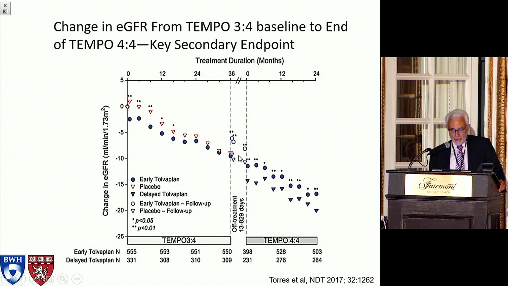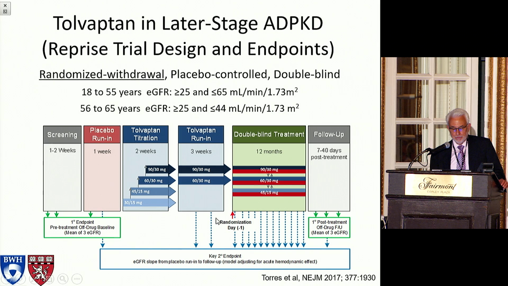Everyone was taken off medication and then restarted. And you can see that the tolvaptan-treated group maintained their GFR benefit as compared to the delayed tolvaptan-treated group and the initially placebo-treated patients. And this difference just reflects the hemodynamic effect of tolvaptan.